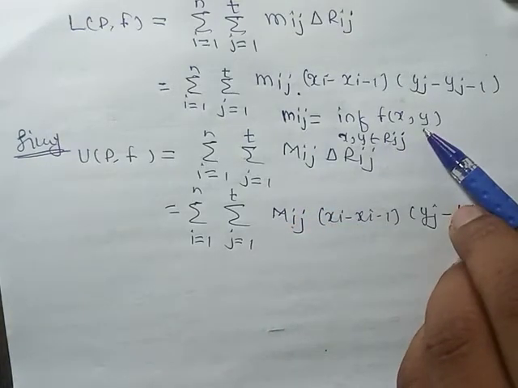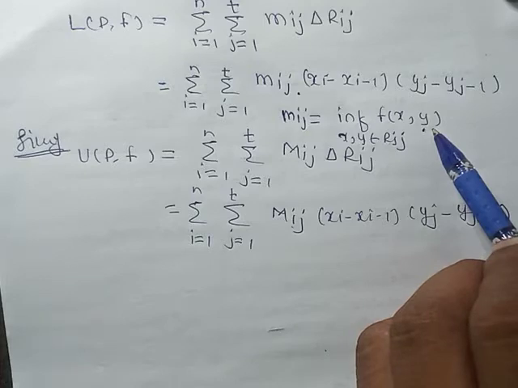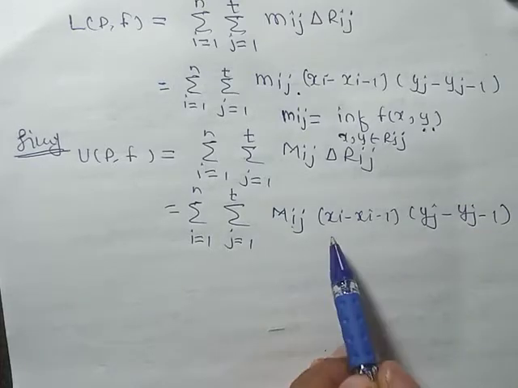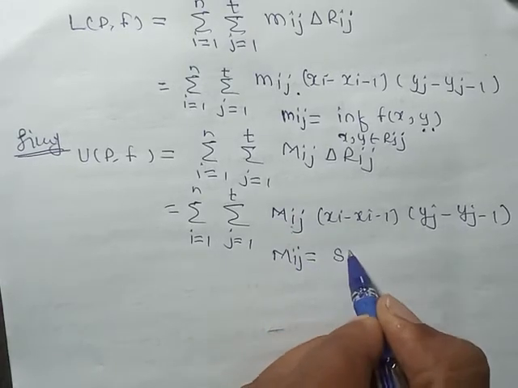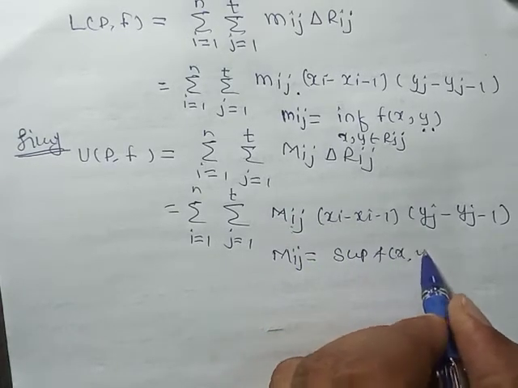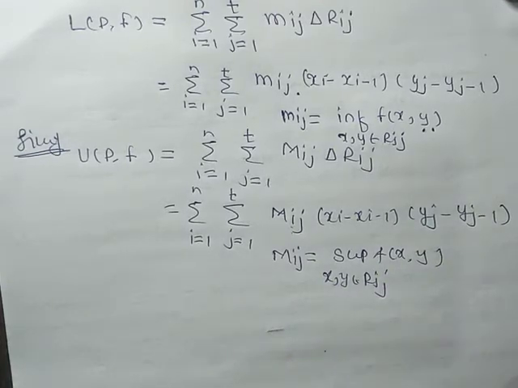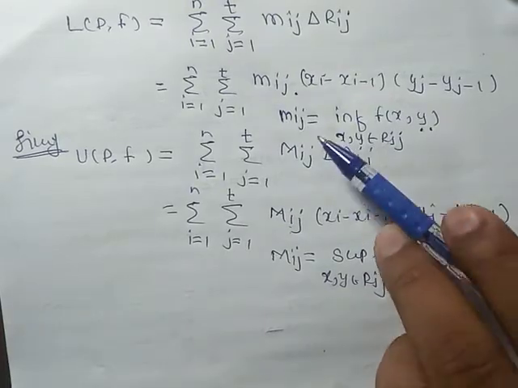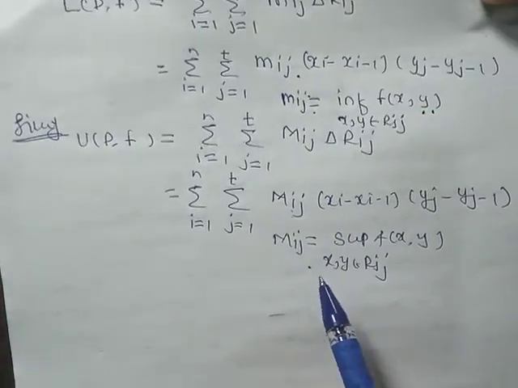The function was originally defined from the closed interval AB cross the closed interval CD to R. Capital Mij is equal to the supremum of the function f of x comma y, where again x comma y belongs to this subrectangle. This is small mij, and this is capital Mij.